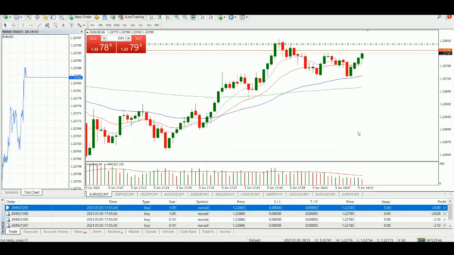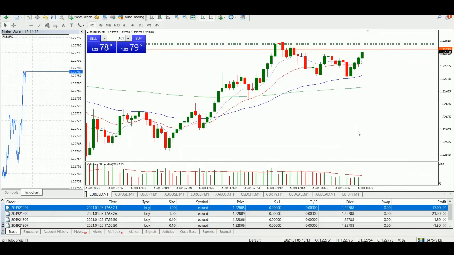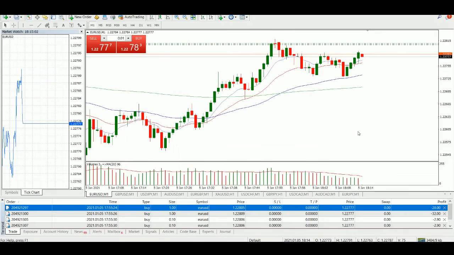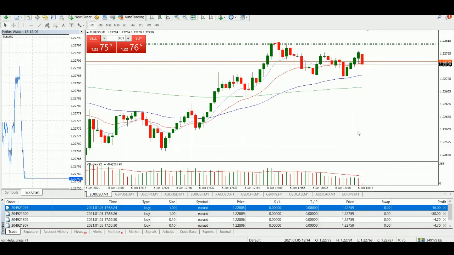Price is bouncing up again. That's what I'm talking about. Now price is bouncing up again and again. But still, we are missing the volume sign.